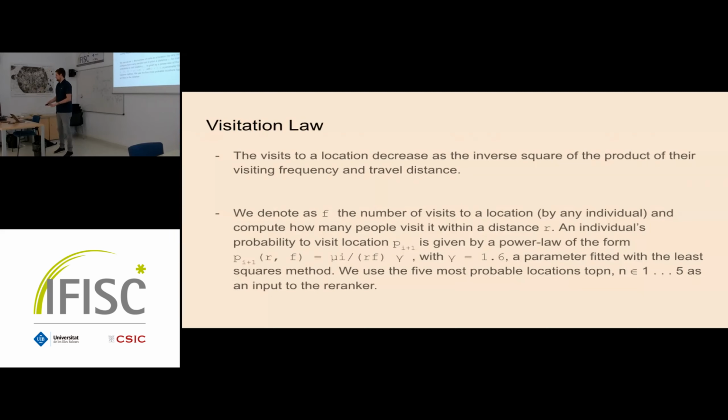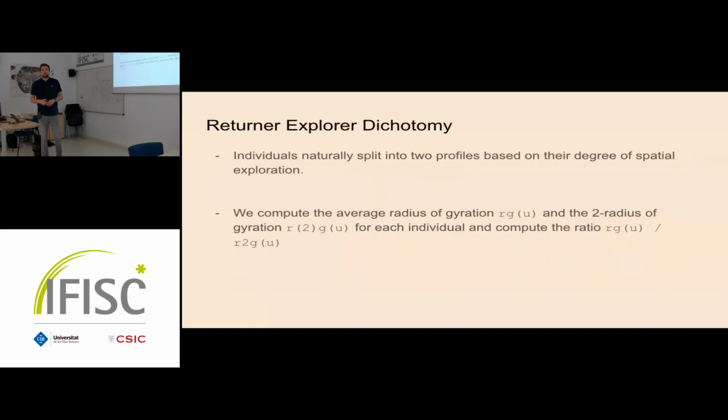I do not need to put personal information about locations that I visited previously to gather such insights. And also, for example, the return and explorer dichotomy. There are many laws that here are not considered and can be pushed in the paper. This dichotomy tells whether a user tends to always visit the same locations or tends to visit new locations. But of course, it is not associated to geography.